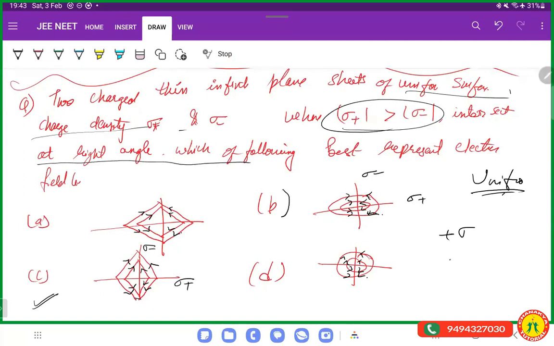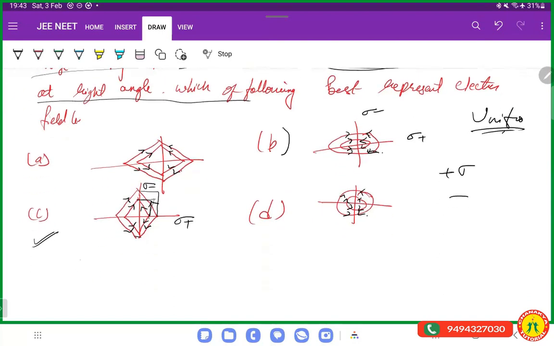If I take some minus sigma here and plus sigma here, and take some points, the resultant electric field is in this direction, and the same way in this direction.